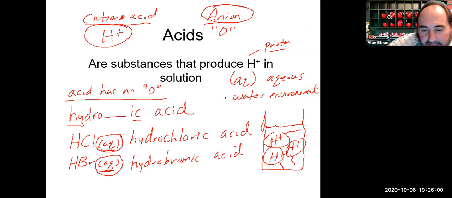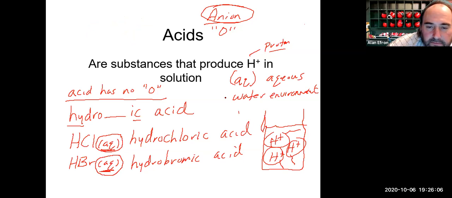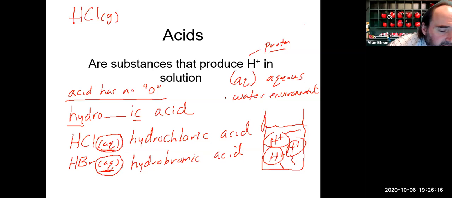And that is because if we had HCl in the gas phase, this would not be hydrochloric acid. This would be known as hydrogen chloride.